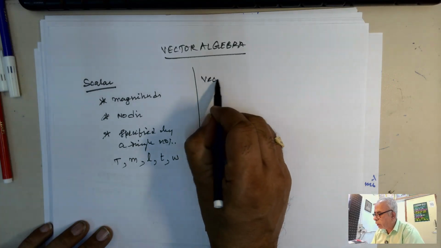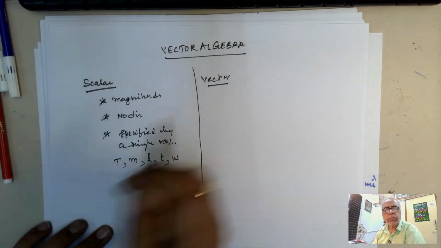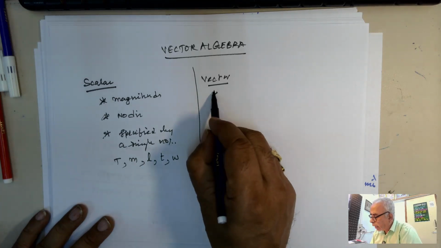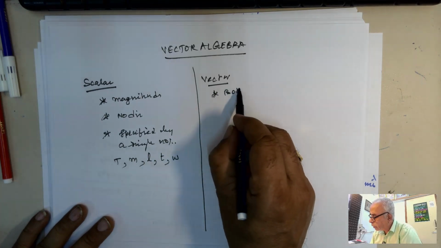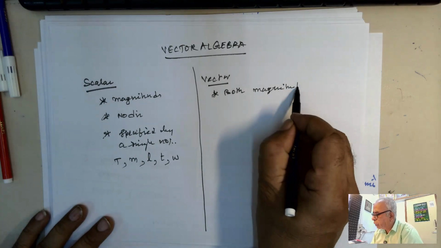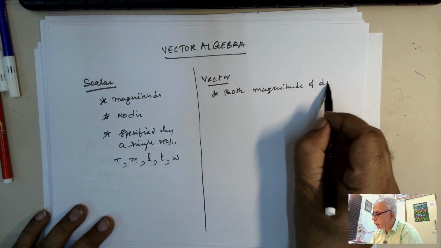Now let us consider vector. So the vector quantities have both magnitude and direction.